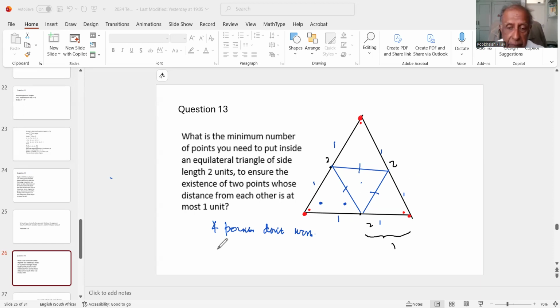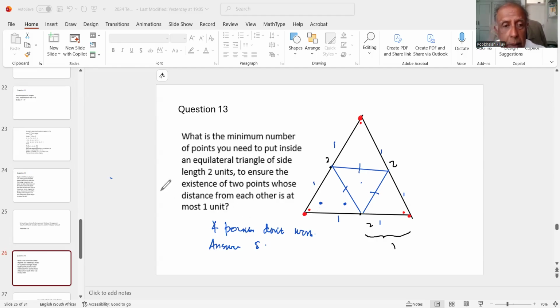So the answer is 5. No matter which 5 points you get here, the argument is that two of those points will be in one of these 4 triangles. And those two, the distance will be smaller than 1. So that way you can ensure the existence of 2 points whose distance from each other is at most 1.